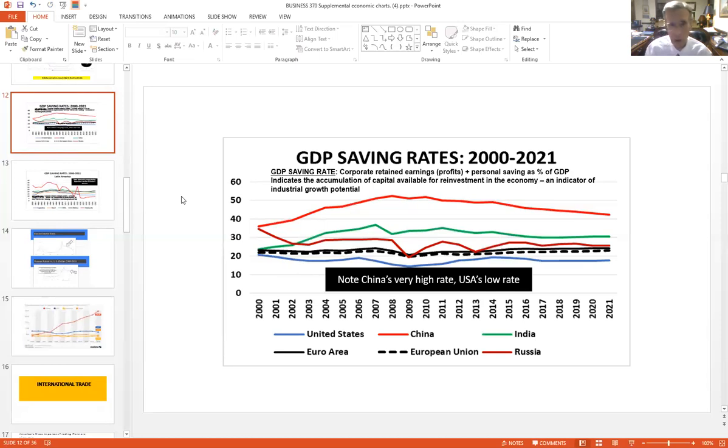But corporations save money too, and their savings are called profits. And those profits go onto the balance sheet as retained earnings or retained profit. And if you add those two together, the saving of consumers or individuals and the savings of corporations called profits, you get GDP savings.